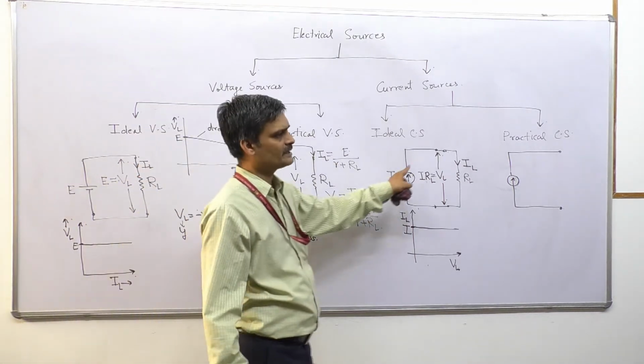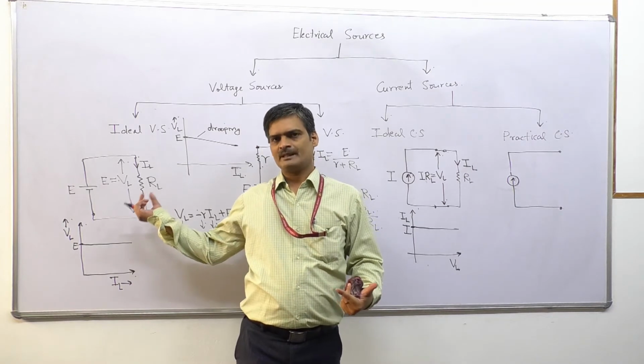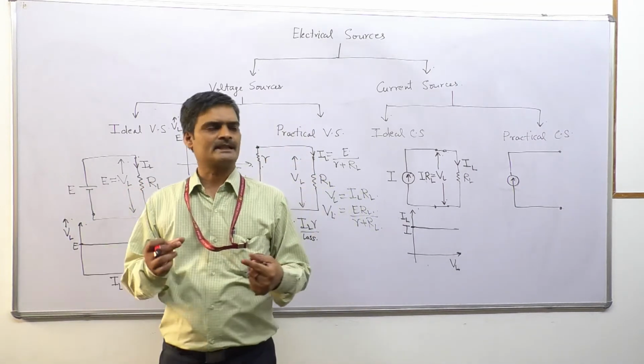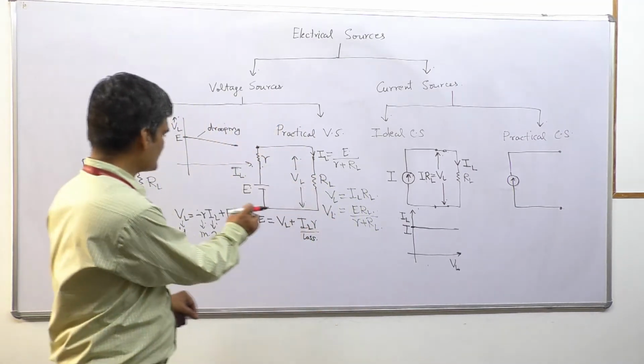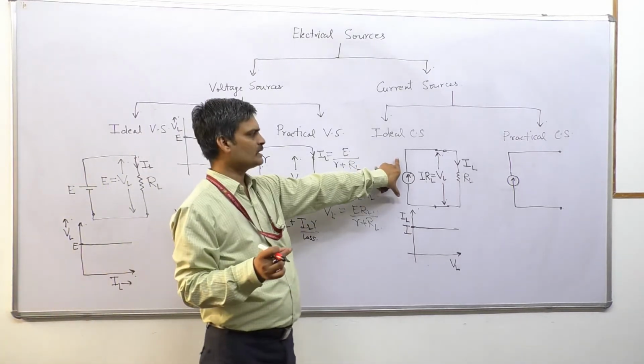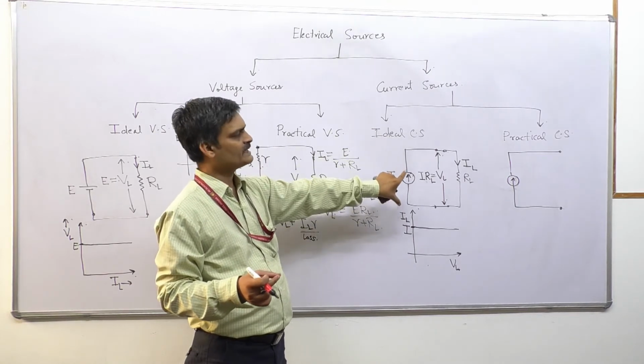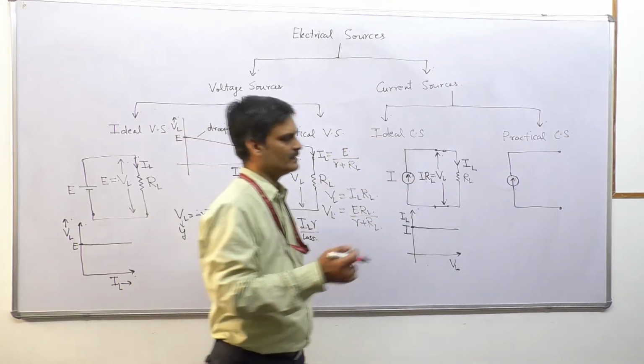So how do we represent the loss of current? The loss of voltage can be represented by inserting a resistance in series, whereas the loss of current can be represented by inserting a resistance in parallel.